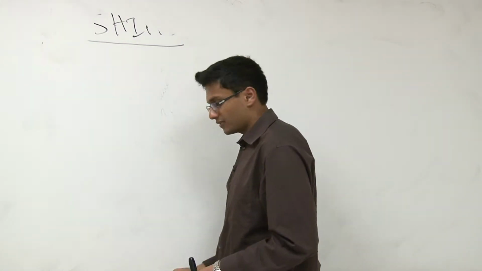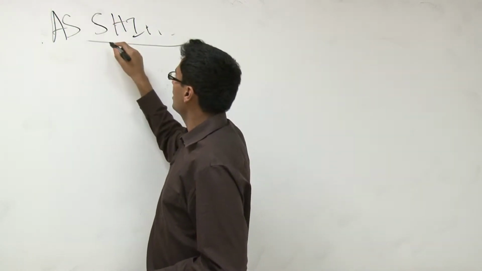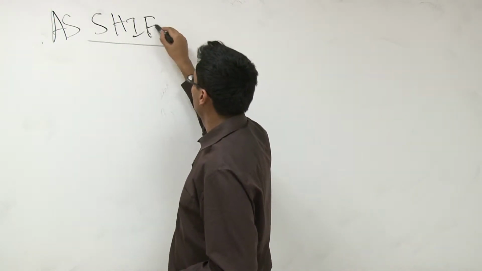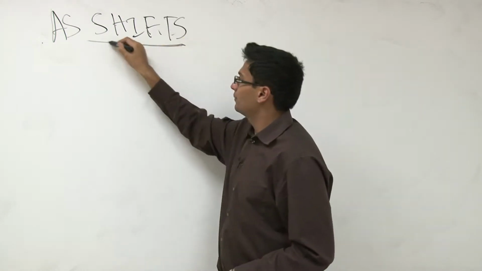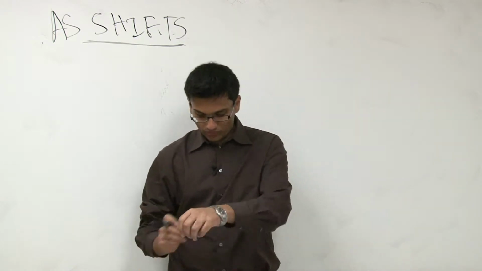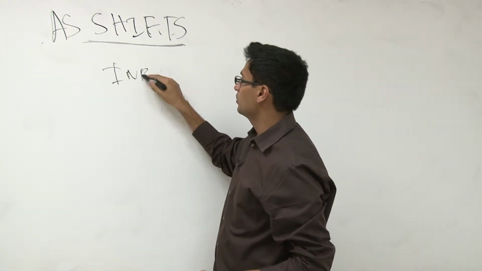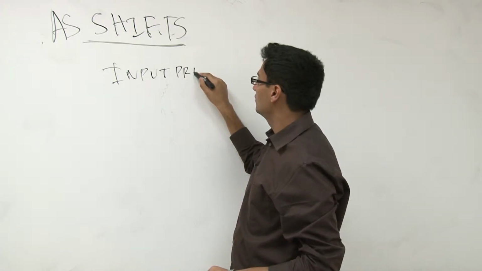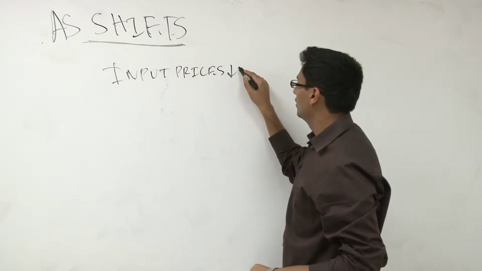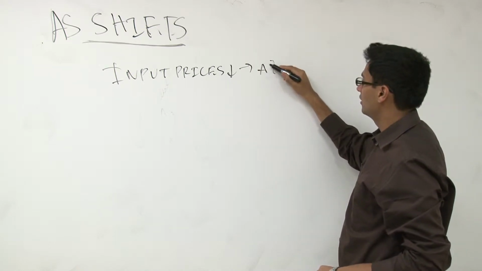Now we get into AS shifts, all right? So how does AS shifting work? We talked about the reasons why AS shifts, but we didn't actually see it shift as much. One of the reasons was input prices. So let's say input prices come down. Then AS goes up.